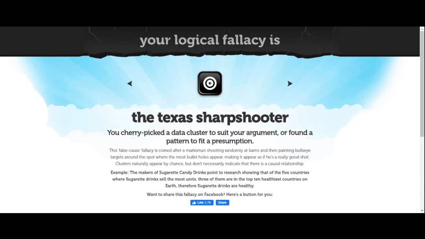Look at their example here. The makers of Sugarette candy drinks point to research showing that of the 5 countries where Sugarette drinks sell the most units, 3 of them are in the top 10 healthiest countries on Earth. Therefore, Sugarette drinks are healthy. So not exactly an ironclad logical leap there.